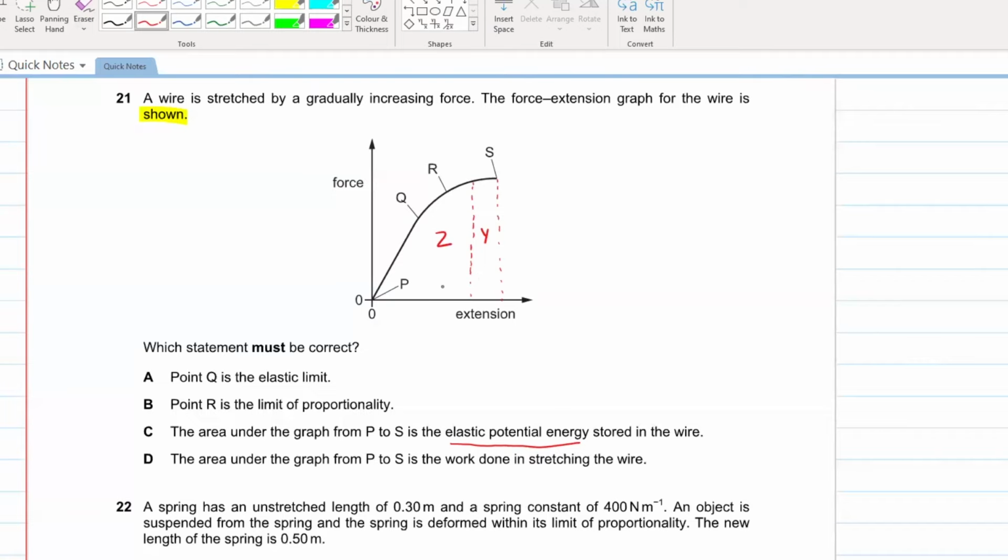So this is not entirely elastic potential energy. Let's read out option D. The area under the graph from P to S is work done in stretching the spring. Yes, D is the correct answer. Area under the graph from P to S, that is this entire area, is the work done in stretching the spring. Yeah, that's correct. D is your answer.